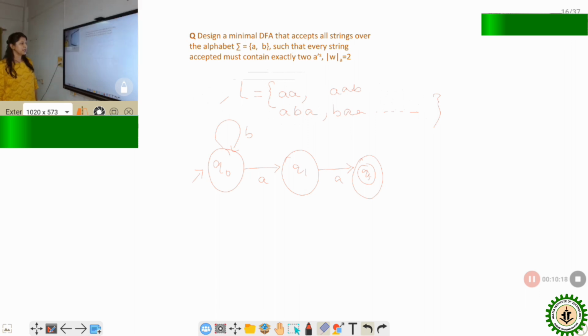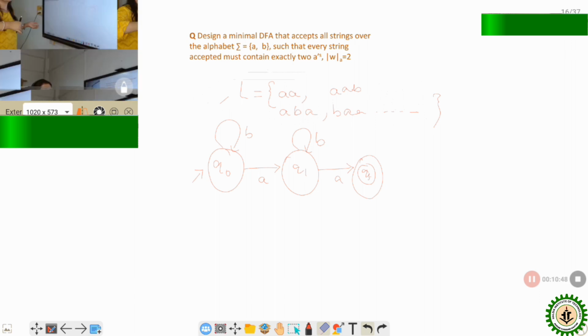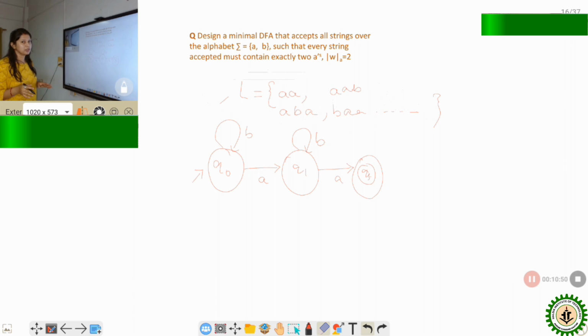Then if we apply B on Q1, what will happen? It will stay on Q1, because we have to contain exactly 2 A's, but we can have any number of B's in any position. We can start with A, we can start with B, we can end with B, we can keep B in the middle position, wherever we want.